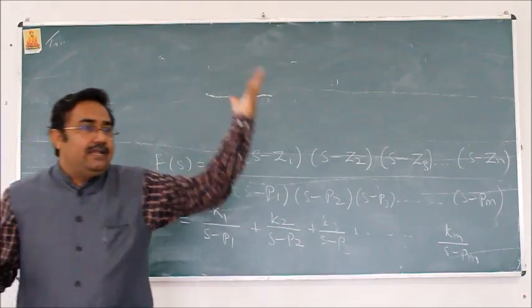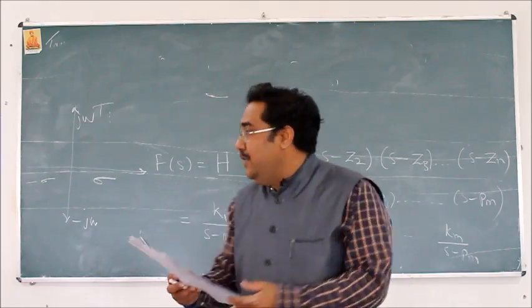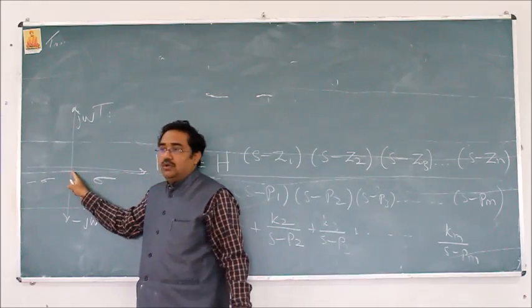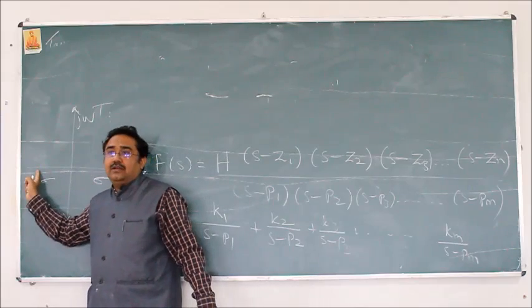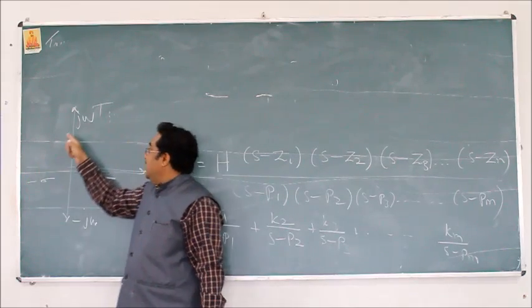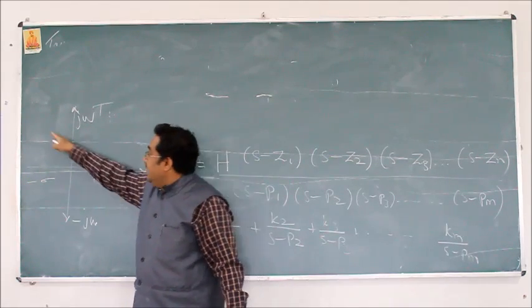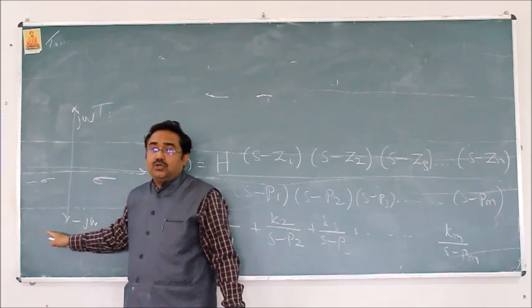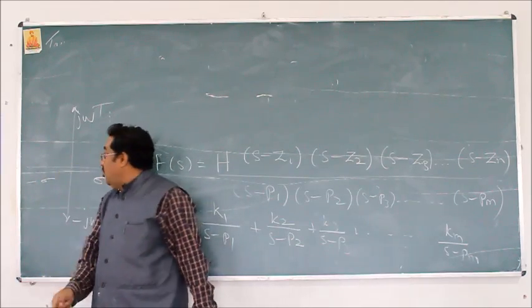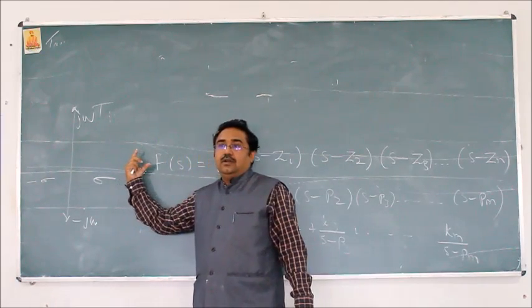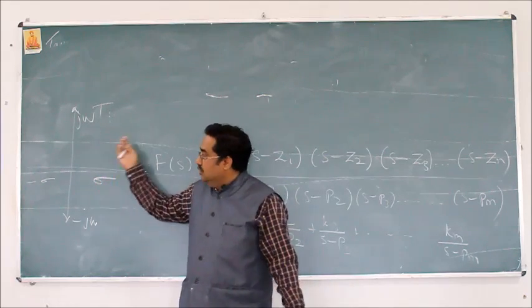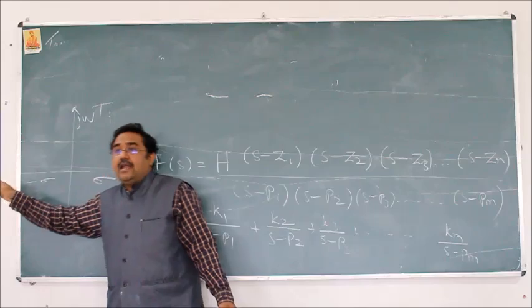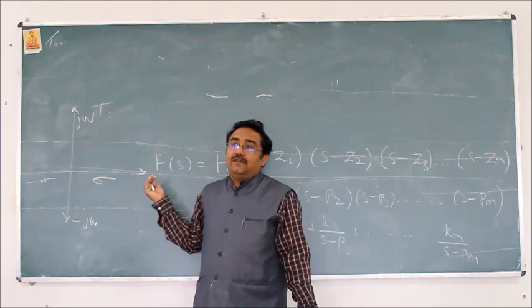Now, poles can be at different locations. It can be on the origin. It can be on the real axis. It can be in the form of a complex quantity. Poles can be on the left hand half of the S-plane, and poles can be on the right hand half of the S-plane.